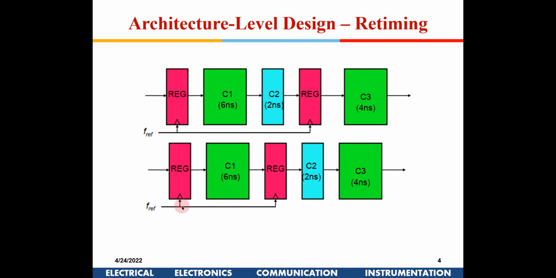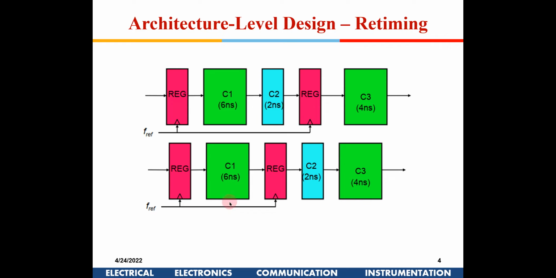Now instead of increasing the clock, I reduce the VDD slightly. In this particular configuration, the clock was such that it catered for an 8 nanosecond delay. Now I have brought this register here, so this is also 6 nanoseconds, this is also 6 nanoseconds, but the circuit was working fine even with an 8 nanosecond time period.